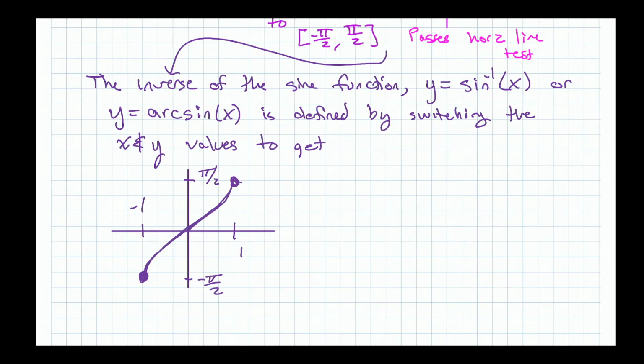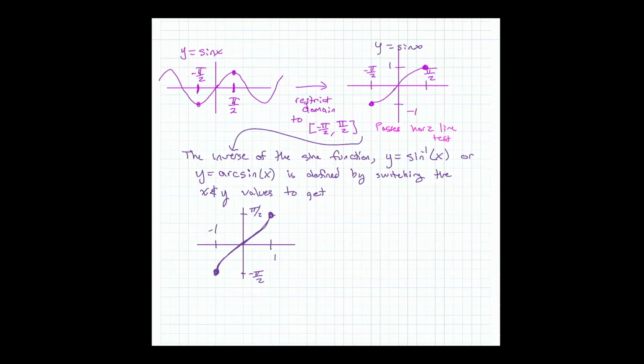Like that. Okay, so if you compare the graph here of y equals sine inverse x, you'll notice that the x values here are the y values here, right? And the y values here are the x values here.